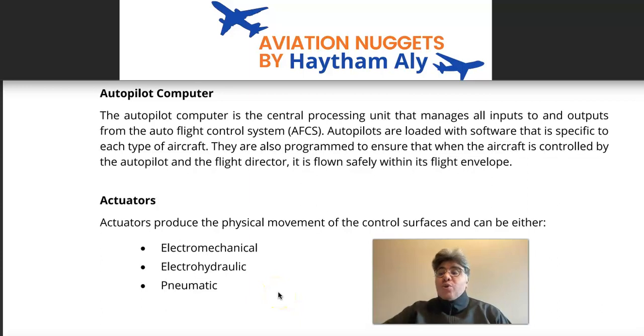Okay, so the actuator or servo control is part of the autopilot system, as when the autopilot is engaged and active, it physically manipulates and moves the flight control surface. Signals from the autopilot go to the flight control surface through the flight control computer. Okay, everybody. So the actuator is the second component of the autopilot system.